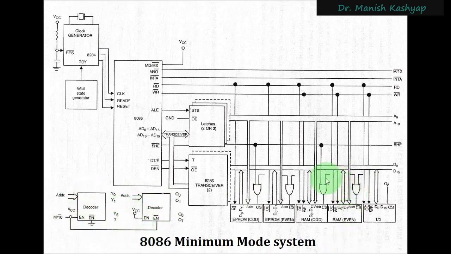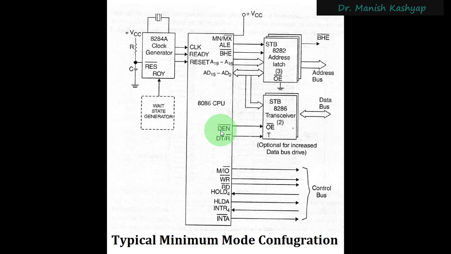The chip select signal will actually decide which address lines are to be used. However, every address line is available to every memory chip, right? And it will be decided based on the BHE bar signal that you have received from the output of this particular IC. I will further show you that diagram where you can see this BHE bar signal.